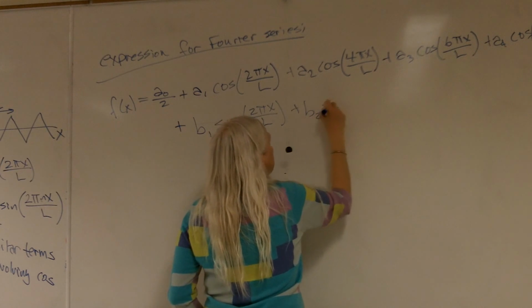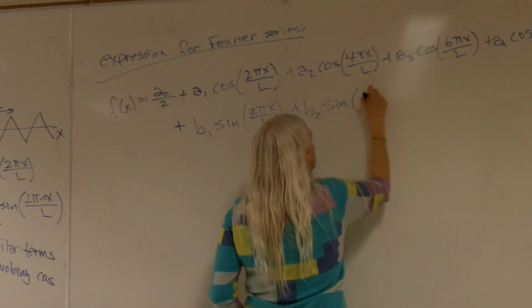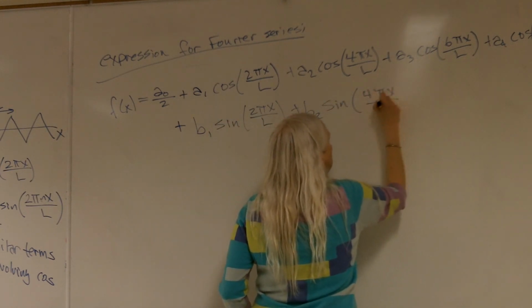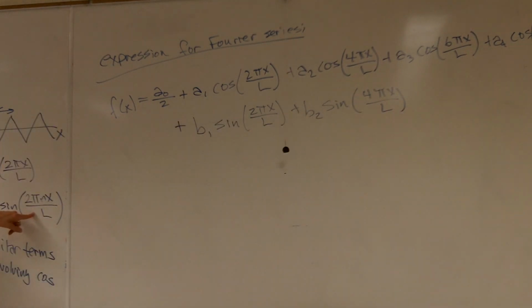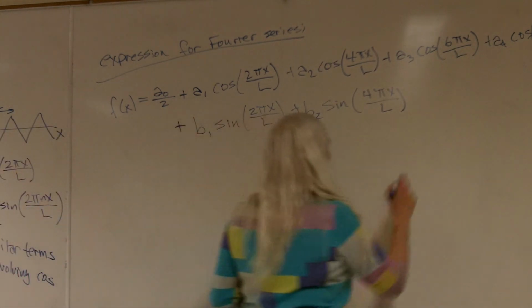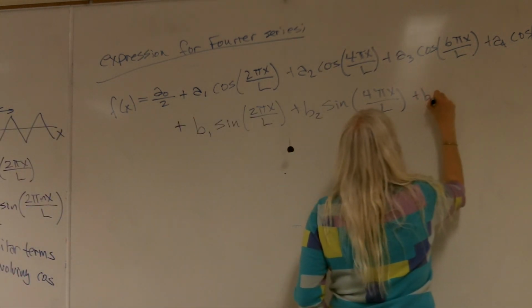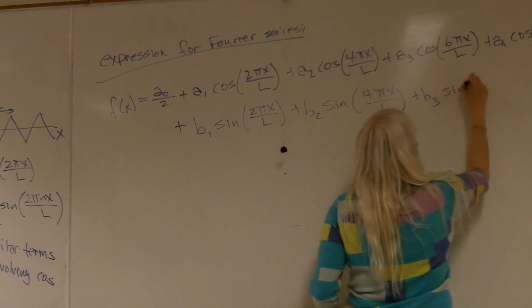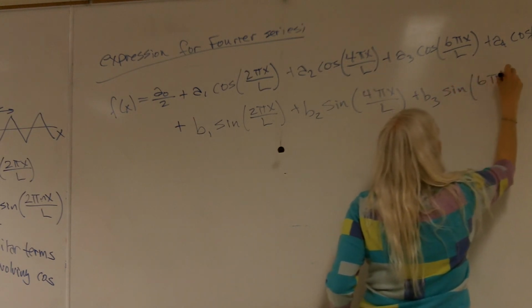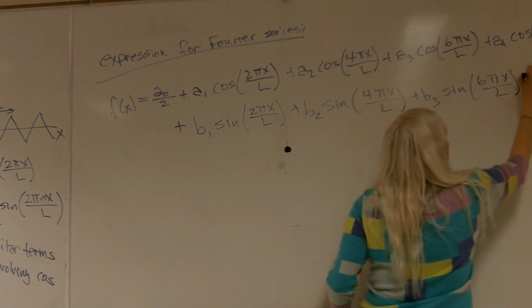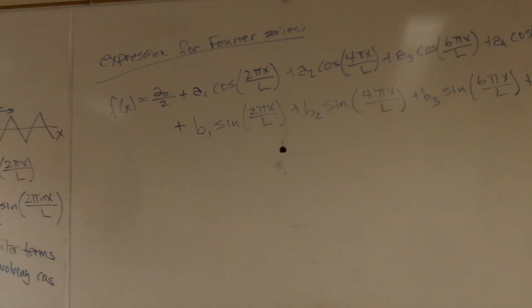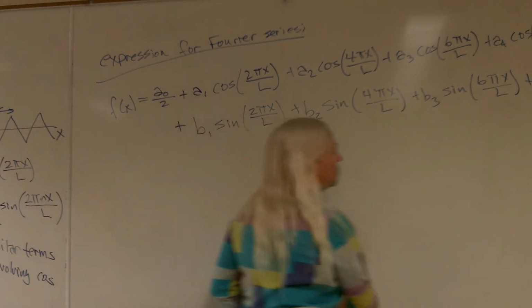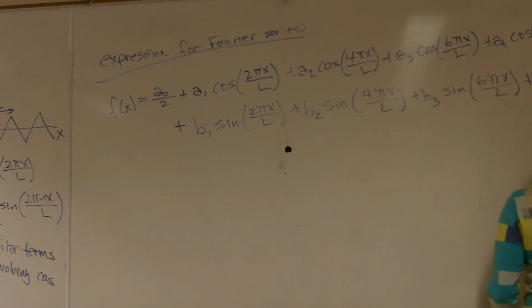There could be a b2 times the sine of 4 pi x over L, which looks like this term here with n equals 2. A similar term with n equals 3 would be b3 times the sine of 6 pi x over L. And so on. The next term would be b4 times the sine of 8 pi x over L, and so on.